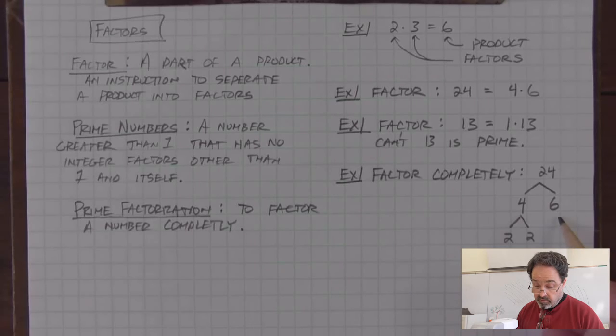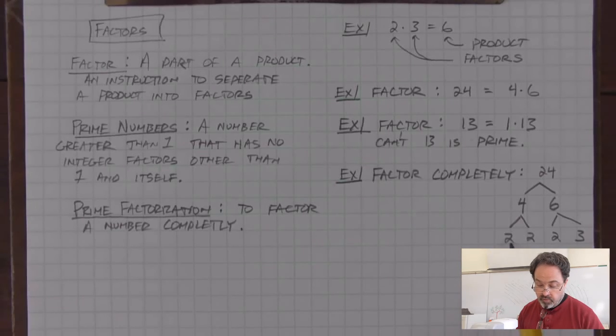And 6 is not prime. I can express 6 as the product of 2 and 3. Now I need to consider these numbers and factor them further. But with 2, I've reached a prime number. 2 can only be divided by 1 and itself, so I can't factor it anymore. 3 is also a prime number. I can't factor it anymore. I can stop with these 2s and 3s.